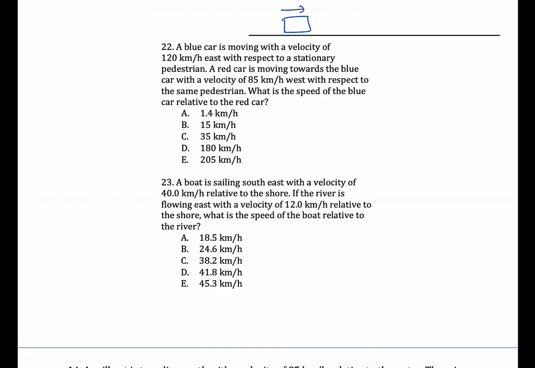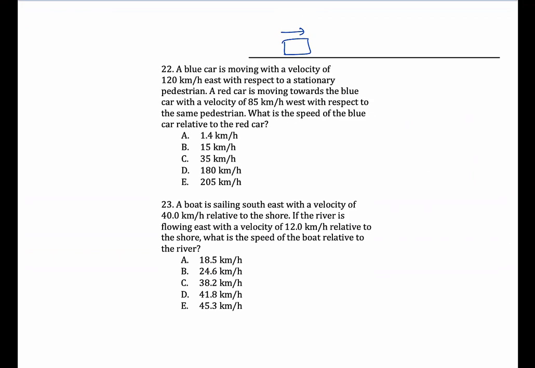So the first car, we can say it is moving east with a speed of 120 kilometers per hour. The red car is moving towards the blue car. So the speed is 85 kilometers per hour, and the question is, what is the speed of the blue car relative to the red car?